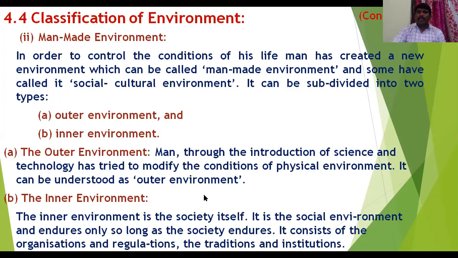This environment is also known as social heritage and sometimes referred to as the order of non-material culture. The social heritage is the necessary condition for human social life to arise and to continue. It has a profound influence on man's life.